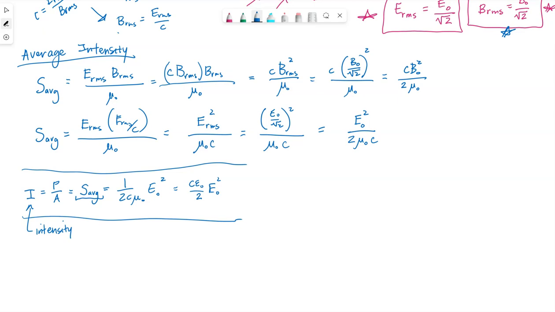But intensity I, of course, works just fine. Now, we want to keep in mind that this represents power of the source divided by the area. So power of the source, area the wave spreads over.